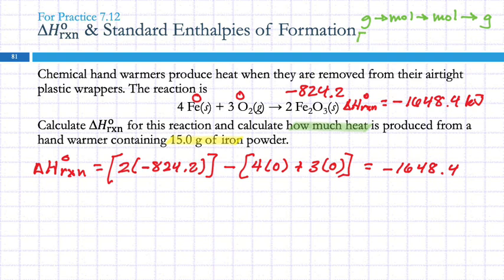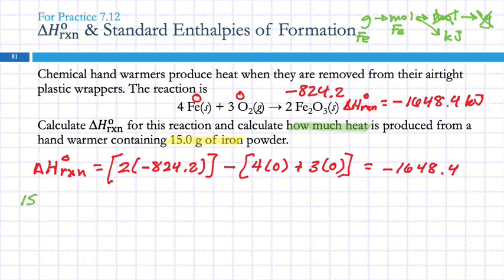We're starting with grams of iron, so we can go to moles of iron. Am I trying to find out a mass? No. I'm trying to find out how much heat. Well, this is kilojoules per mole, per 4 moles of that, or 3 moles of this, or 2 moles of that. I don't need to do another mole thing in here. And I'm not going to grams, so I can go straight to kilojoules.